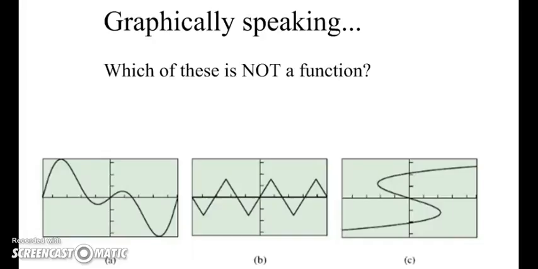I hope you answered C. If we look at this part of the graph of C right here, we could see that if x were 0, y could be 0, or if x is 0, y would be 2, or the point (0, -3) would all be on the graph. So C is not a function.